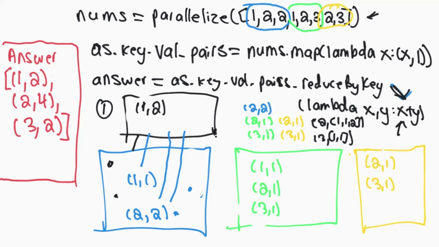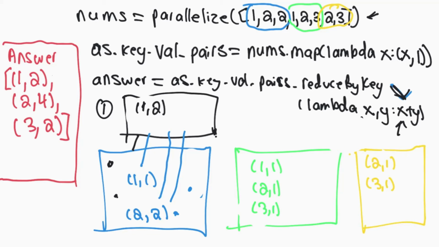And over here, sorry for it being a little small, we would transfer that into 2, 4, because we had 2 1s and 1 2, and we had 2 3s, and so it's 3 2, which is again our correct answer.